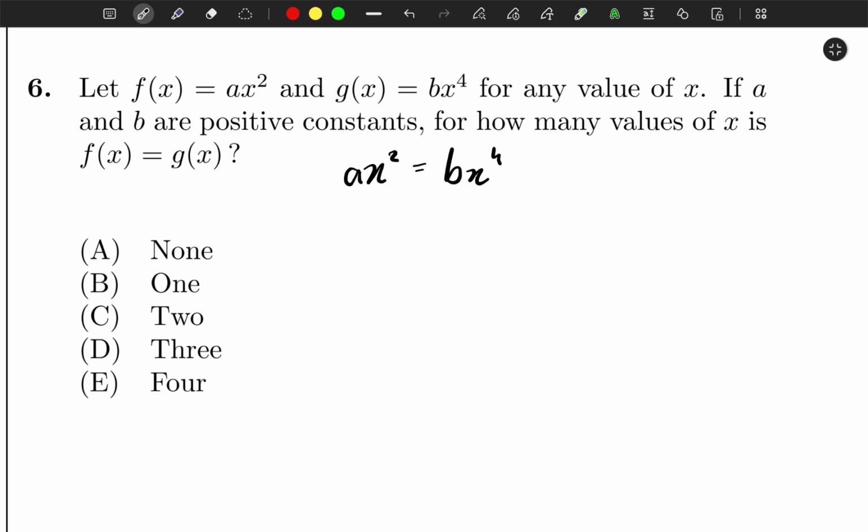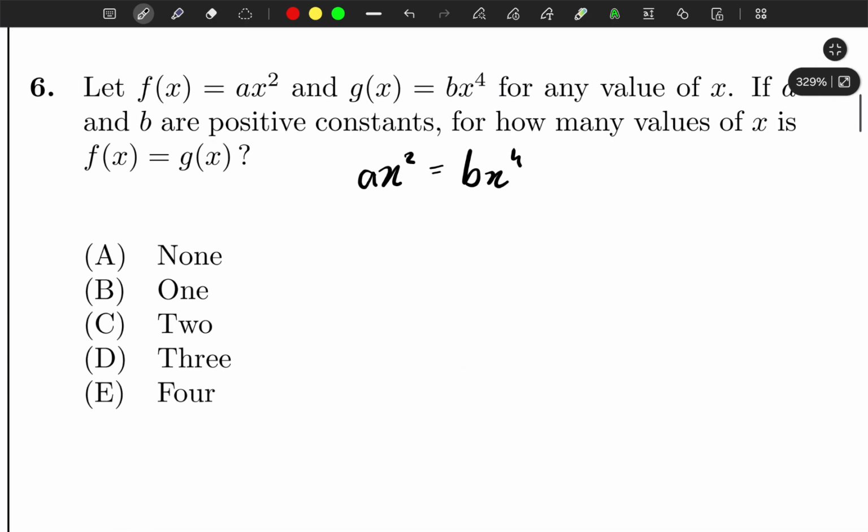But anyways, now what we can do is solve it for x. So x is being multiplied over here, so we're going to divide it on the other side. We're going to get a is equal to b times x raised to 4 divided by x squared. We'll cancel this and then we'll be left with this.